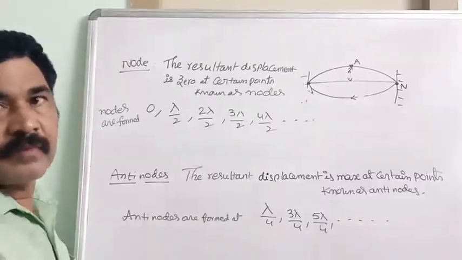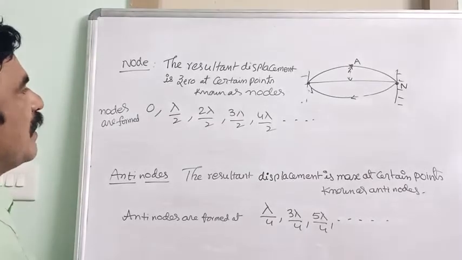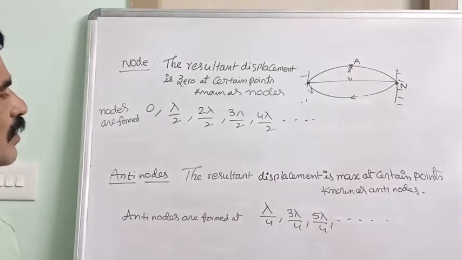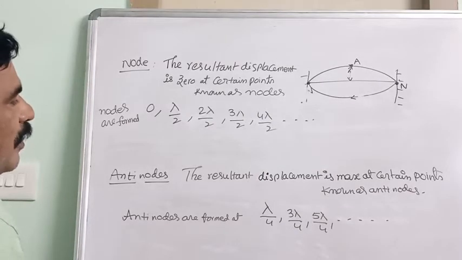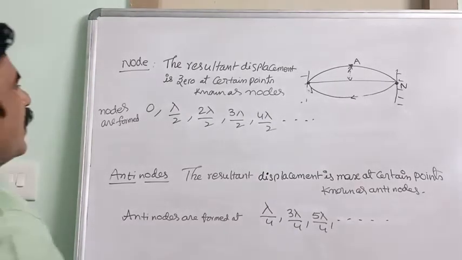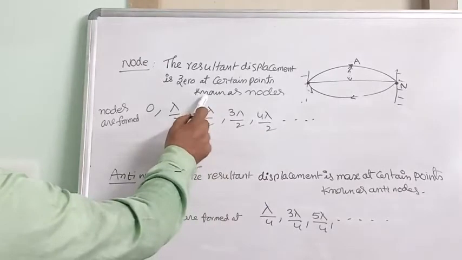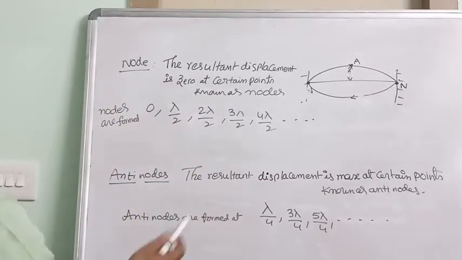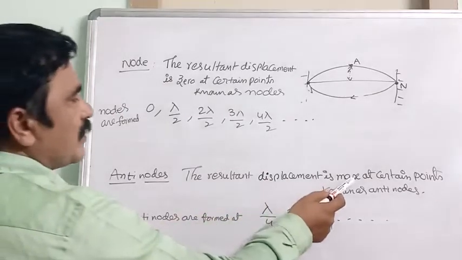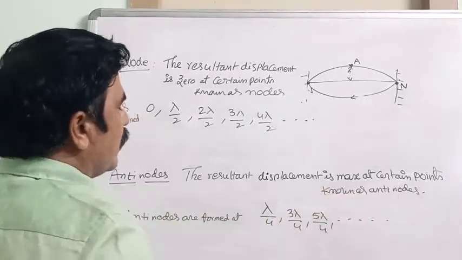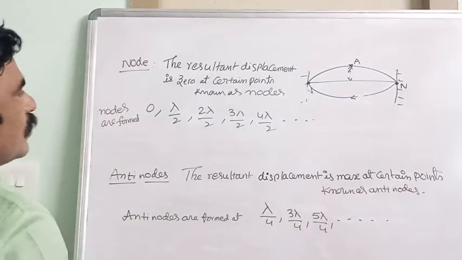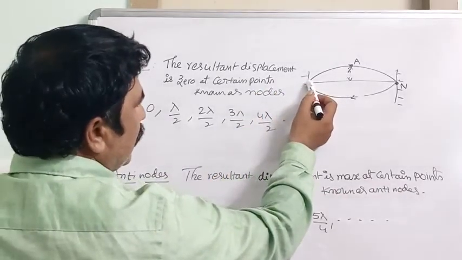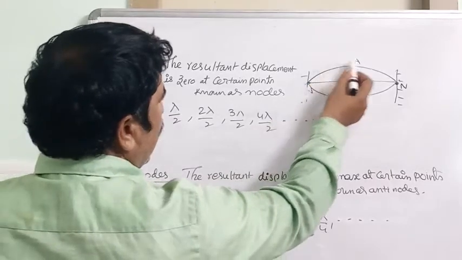Now the resultant displacement is maximum at certain points and minimum at certain points. If the resultant displacement is 0, those points are named nodes. If the resultant displacement is maximum, those points are named antinodes. See the wave: the node is at 0 at the start, and it comes again at every loop.